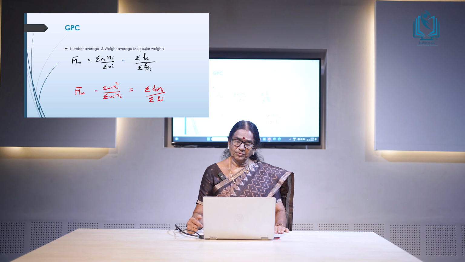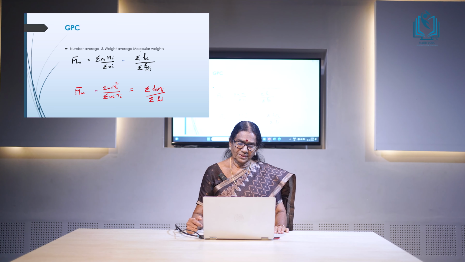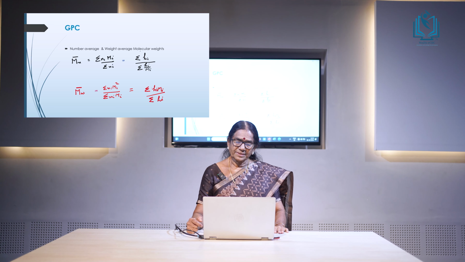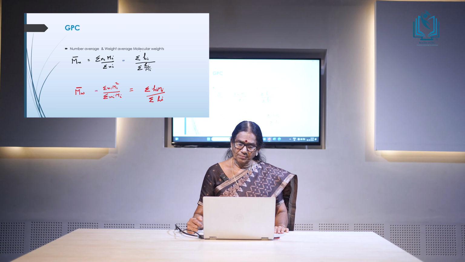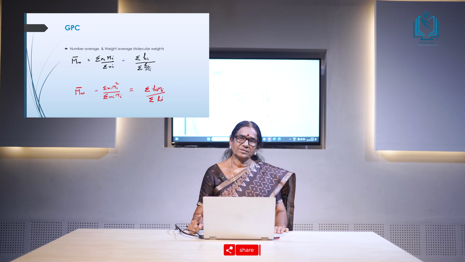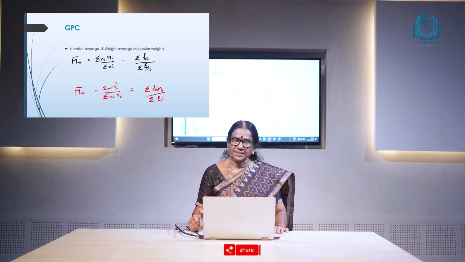Now, the number average molecular weight Mn bar is equal to, we know the relationship, sigma Ni Mi by sigma Ni, and that is equal to sigma Hi by sigma Hi by Mi. Hi we know from the distribution graph; we know the height of the line for each fraction.